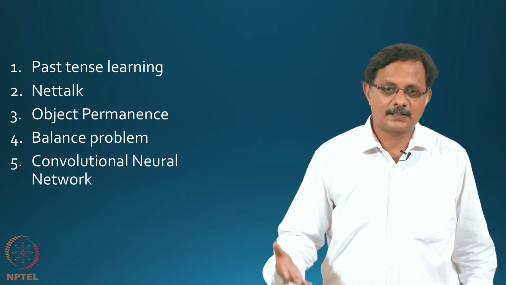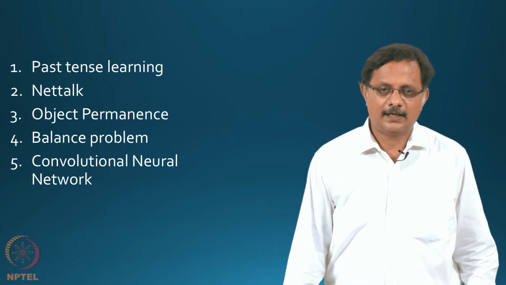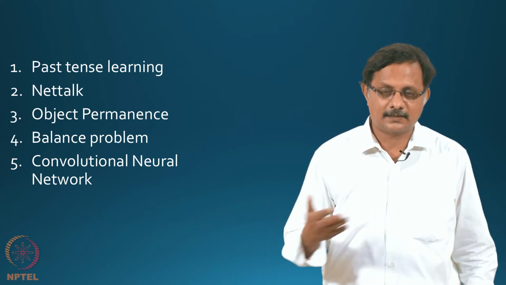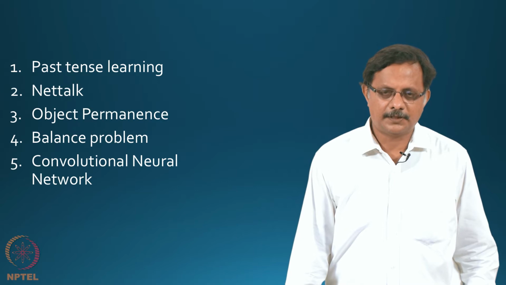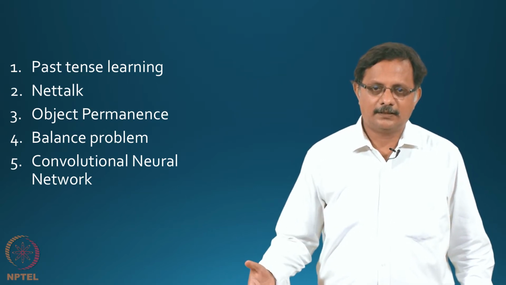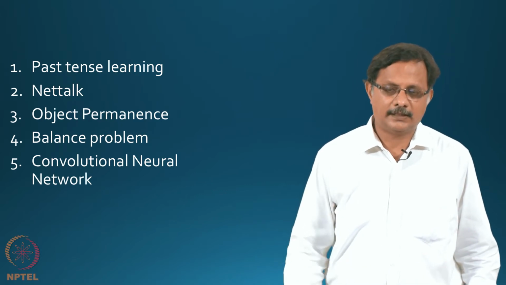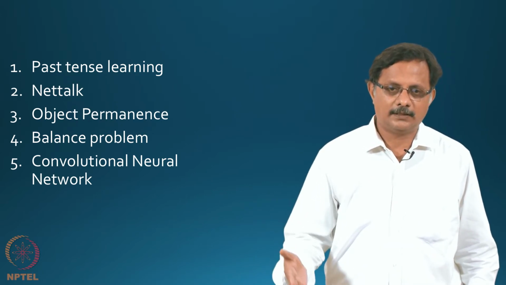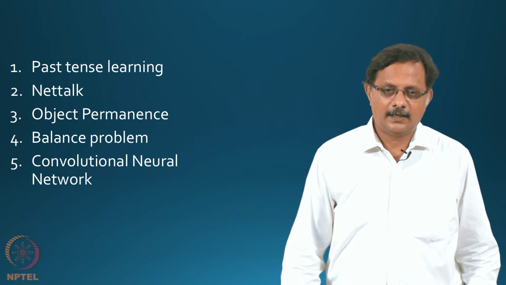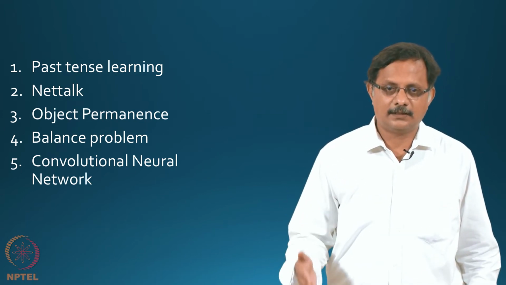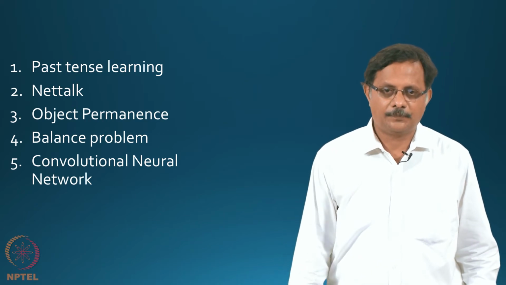It was rediscovered by many other psychologists, who developed his ideas further and delineated these stages that were described by Piaget. In the 80s when the connectionist revolution took place, people applied the kind of neural network models that we are studying to some of the phenomena that Piaget and others have studied, and showed how these networks can explain some of the stages that Piaget and others have studied.